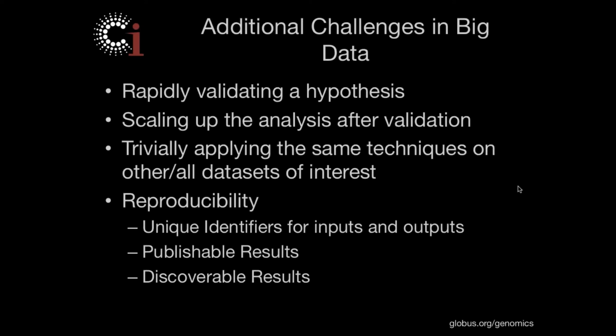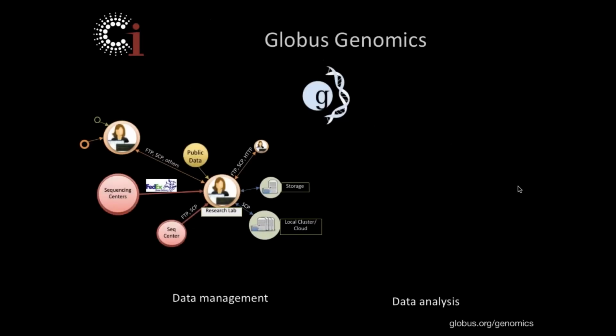So these are some of the additional challenges that the researchers we worked with and are collaborating with are facing. So Globus Genomics and Globus, the suite of services, are built to address these challenges.